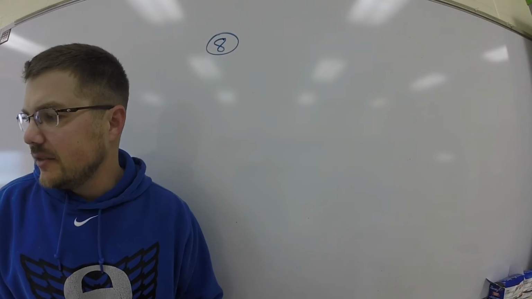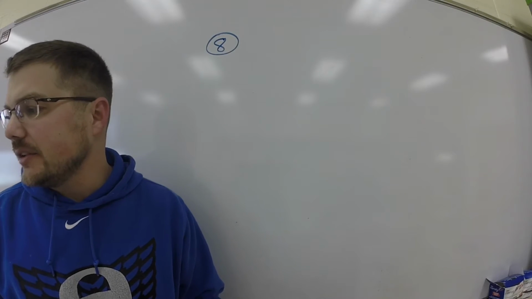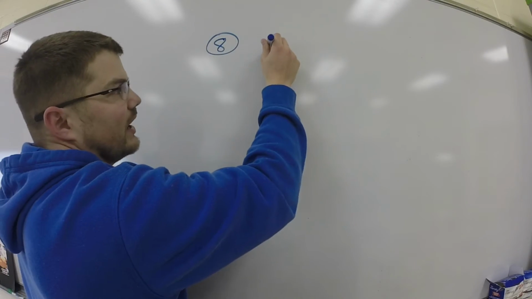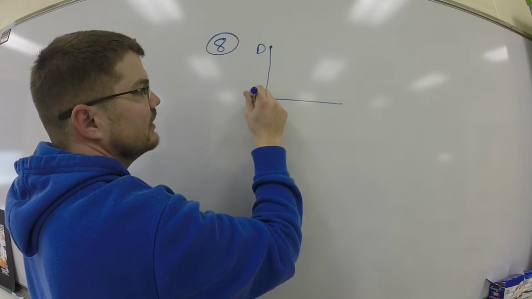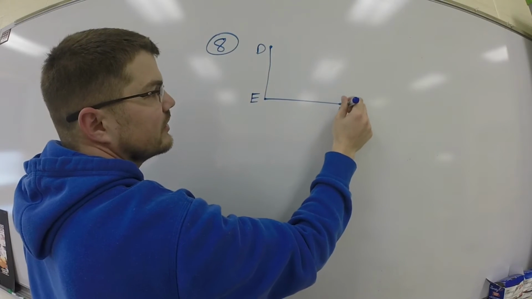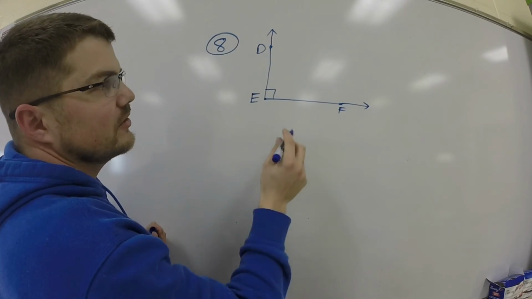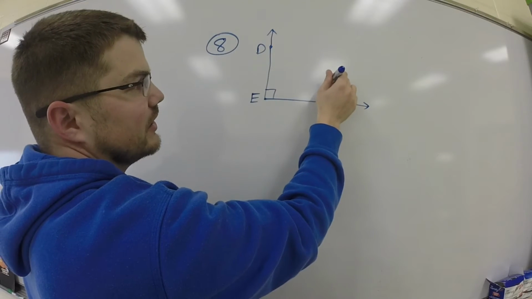Okay, number 8 says if point G is in the interior of right angle DEF, so let's draw that. Interior just means inside, and you have right angle DEF, and it says point G is somewhere inside here, anywhere in there, it's fine.